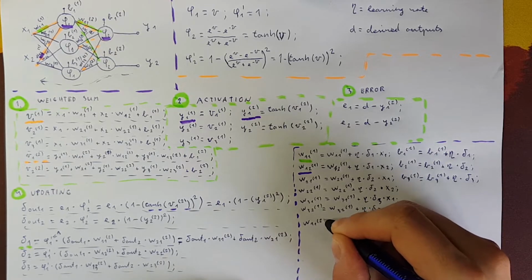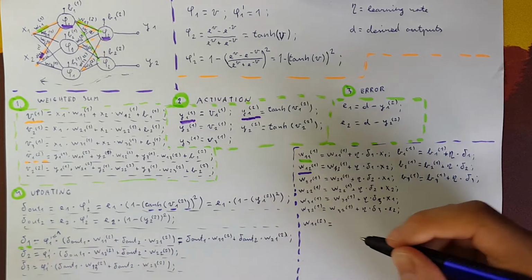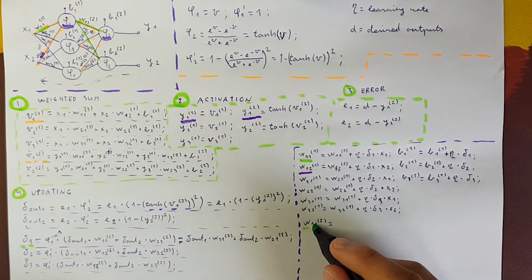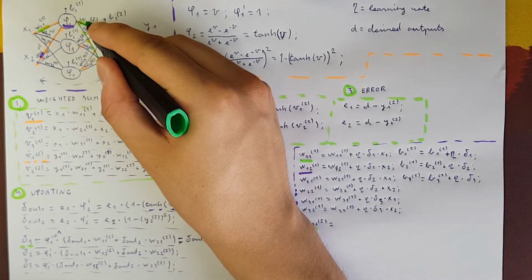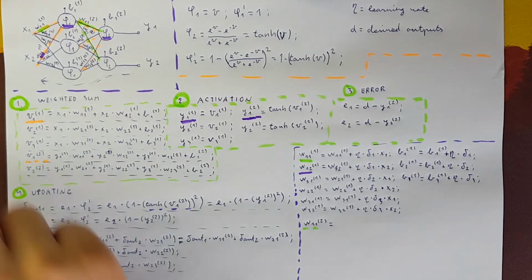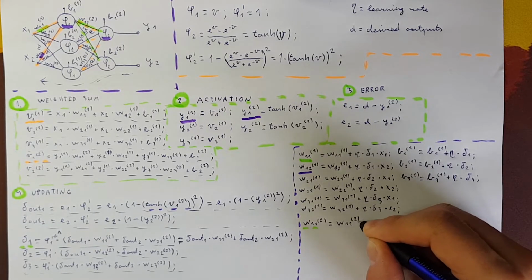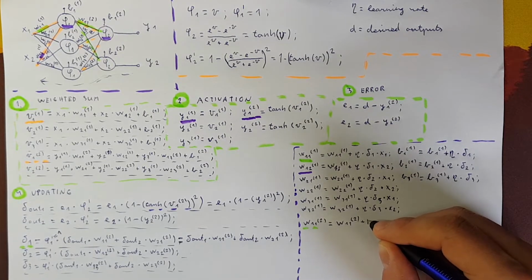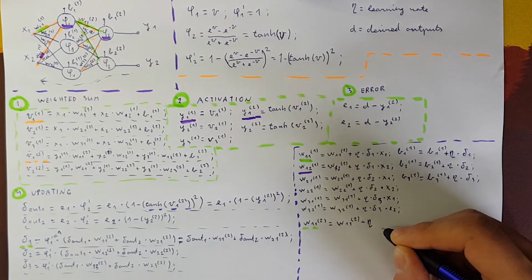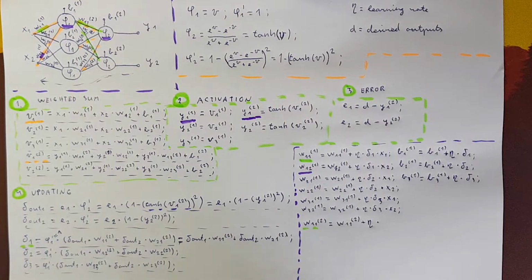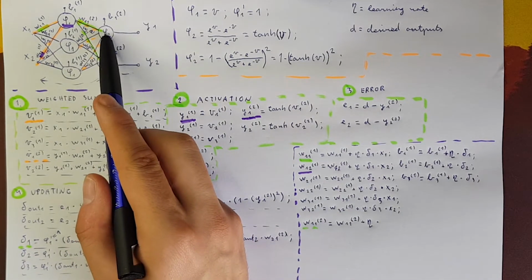So for the W11 of the second layer, let me just mark it down, it's green, so green here, this is this. We just take that weight and we add a learning rate multiplied by delta of that neuron.